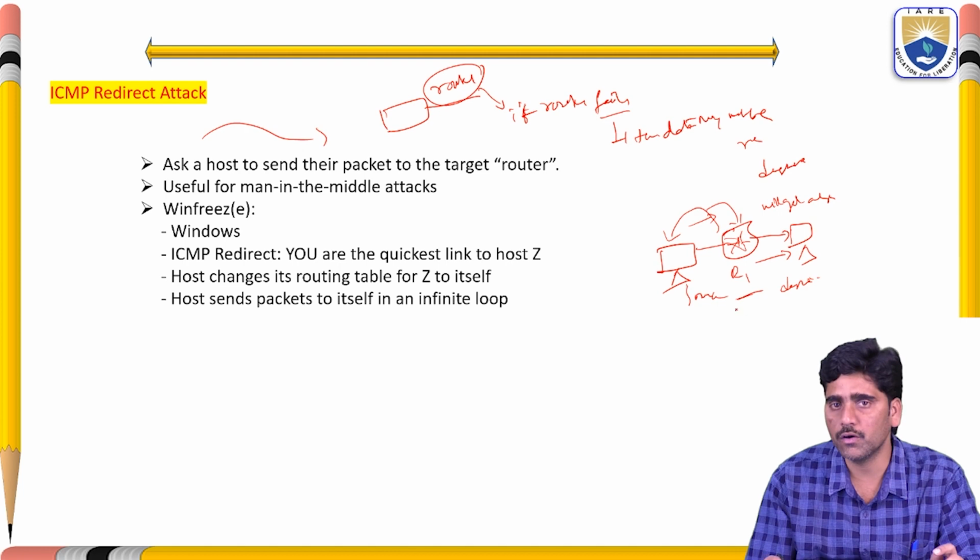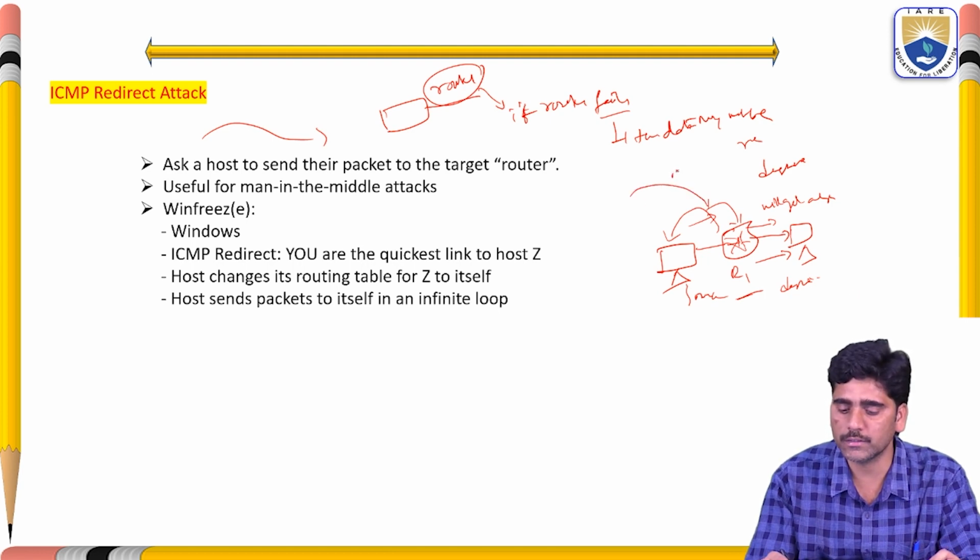If the host client gives permission to send the packets to the destination, then the router will assign the packets to this host. In between them, a man in the middle may be present. At that moment, the attack will happen. That attack is called a man in the middle attack.